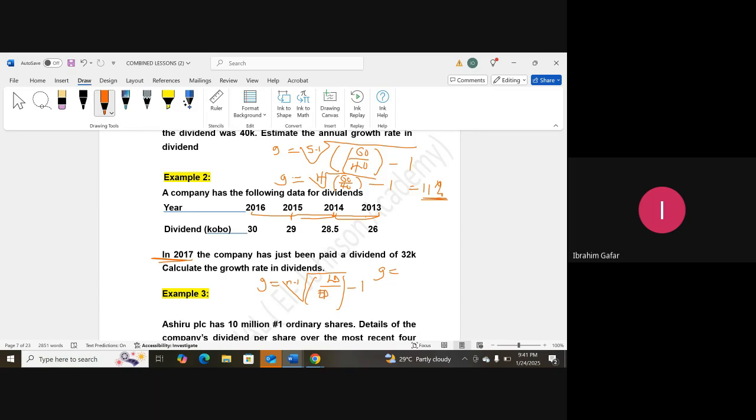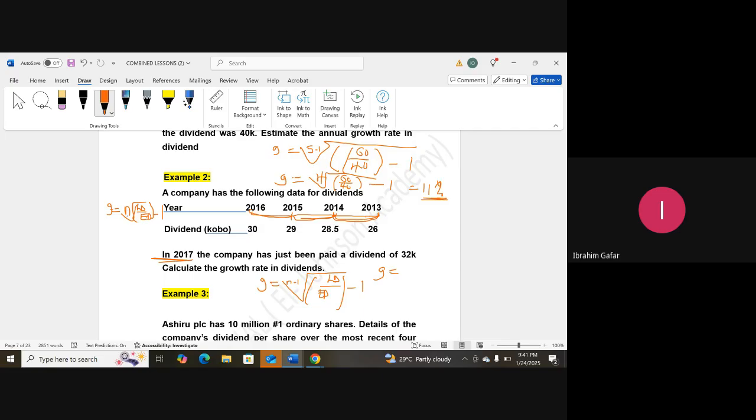But if my n is, let me write it this way. If I say growth rate, I can say growth rate is equal to n over latest dividend over earliest dividend, minus 1. The formula is still the same thing, meaning I'm counting this is 1 year, 2 year, 3 year, and 4 year.